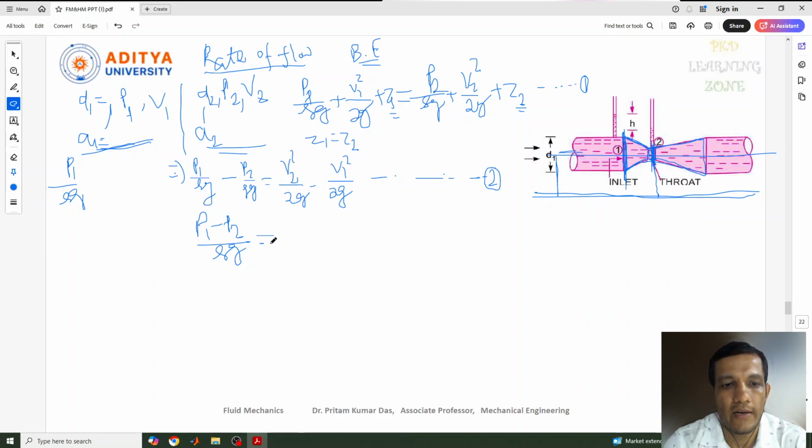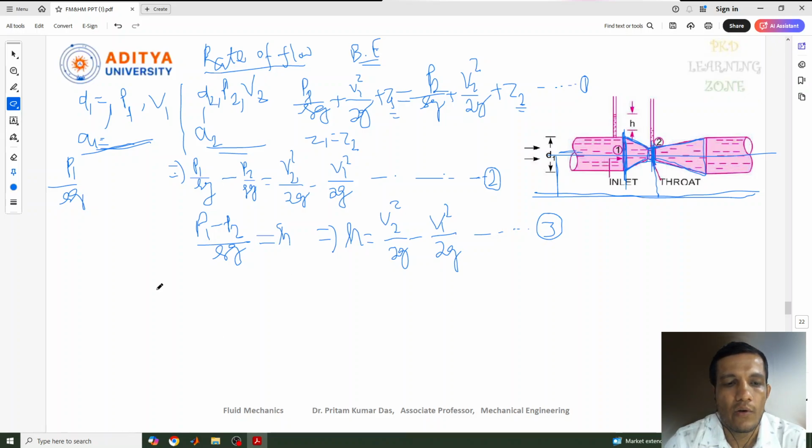We can denote that as H. Now if we put the value of H here, we get H equal to V2 square by 2g minus V1 square by 2g. This is equation 3.